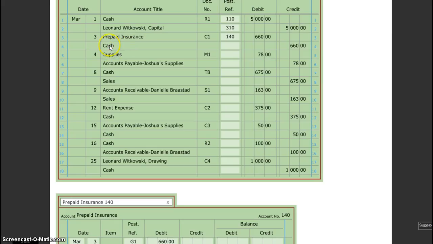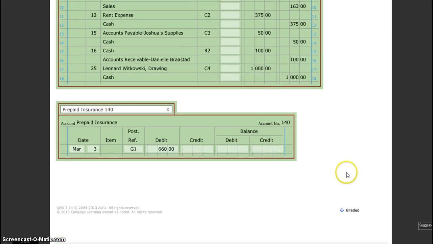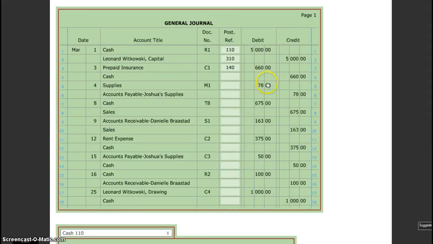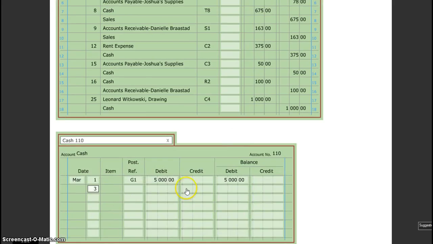Alright, so now the second part of this is a credit to cash for $660. So we're going to open up cash again, place that date, the third, credit for $660. So we place G1 first to show where it came from. Credit for $660. Now this is where it becomes a little bit tricky here. We've got to do some simple math, but we know the normal balance of cash is a debit, so it's going to stay a debit.